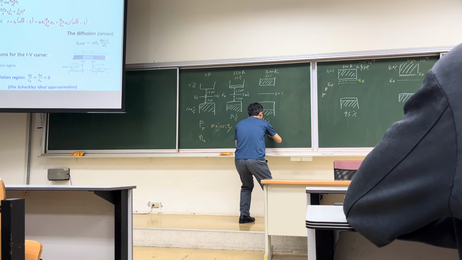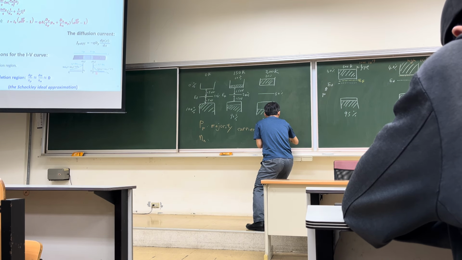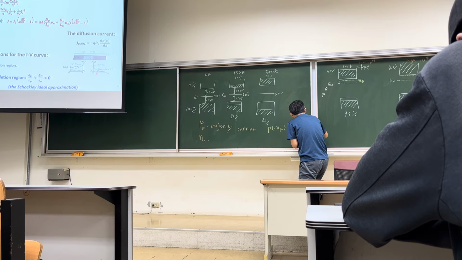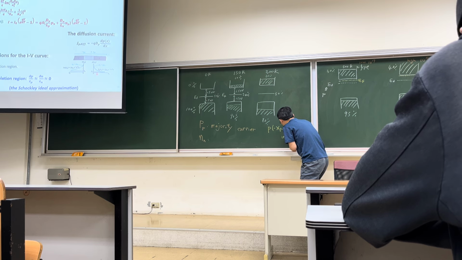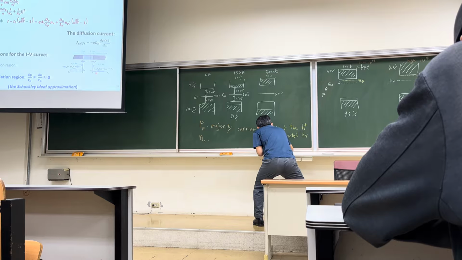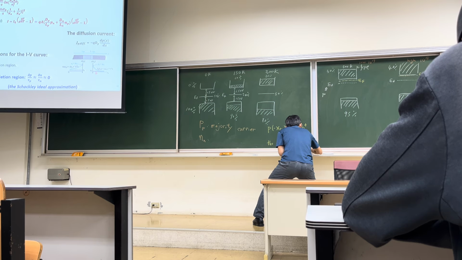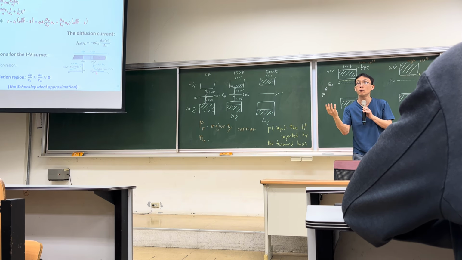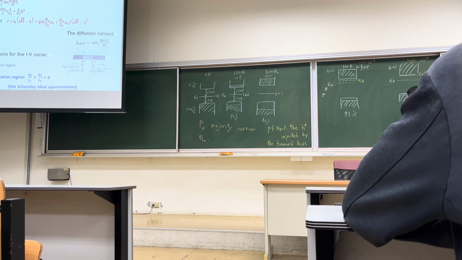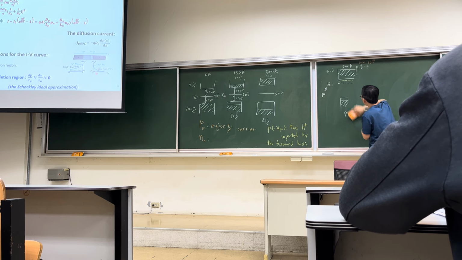So this is P of minus xp0. What is this? This is the hole injected by the forward bias. You know the definition of a forward bias, right? Which means the holes are injected from the battery, from the anode of the battery.